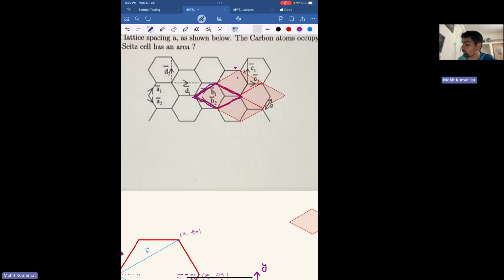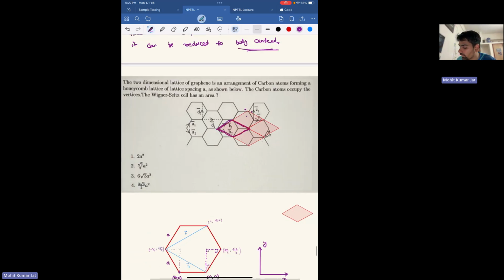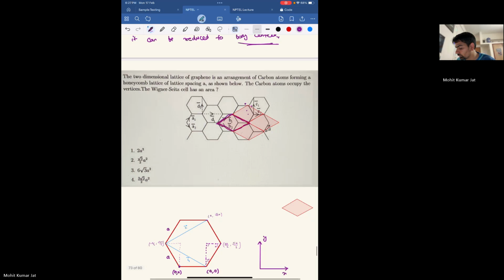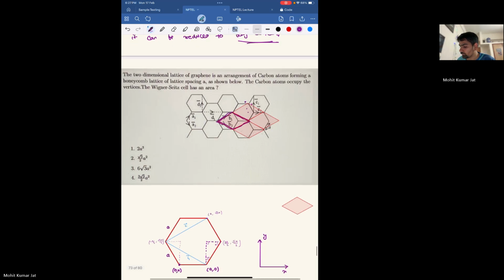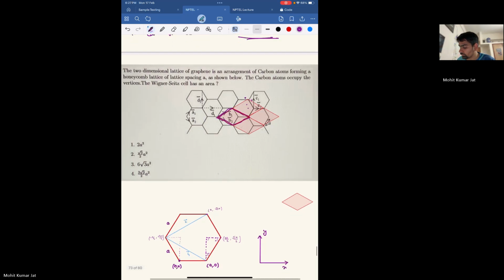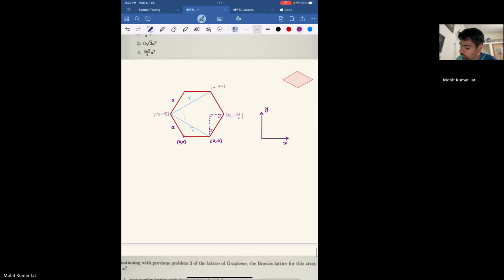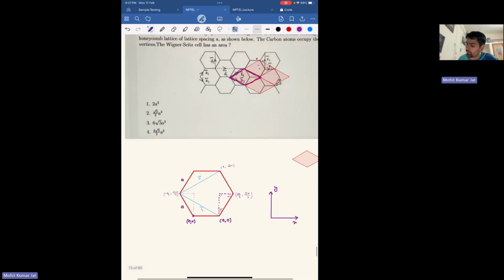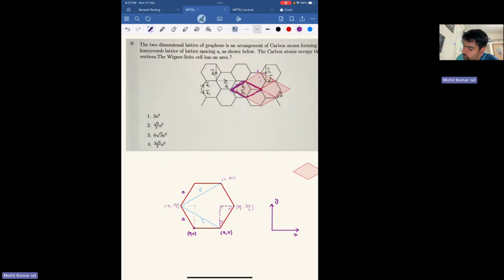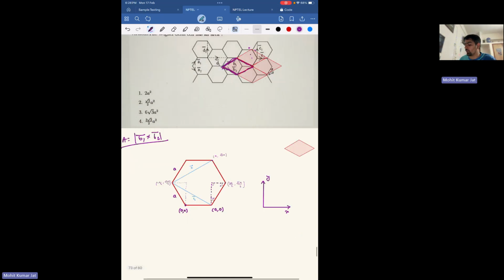In that case, that will be 1 by 3, and then one carbon atom at the center. Okay. So if I can compute this b1 and b2, then I can compute the area of this one by using b1 cross b2, the area, right? And that's what I'll be doing.